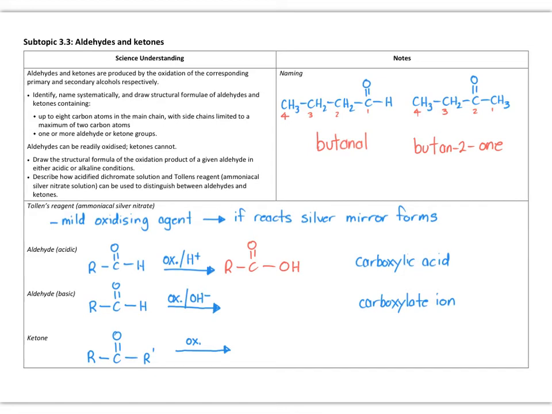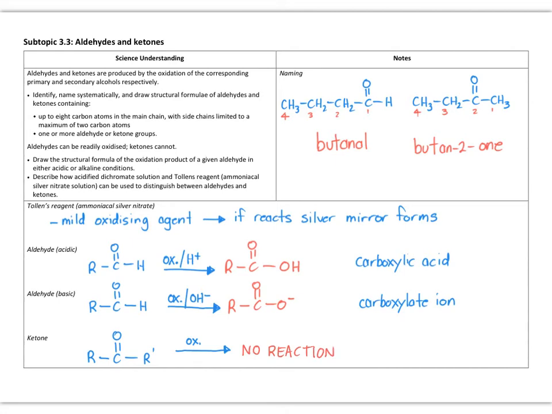If we oxidize under basic conditions, so in the presence of hydroxide, essentially the hydroxide reacts with the hydrogen on the carboxylic acid, you can think of it stripping that off to form water. So what we actually form is the carboxylate ion. And finally, a ketone can't be oxidized any further, so we would see no reaction in that case.